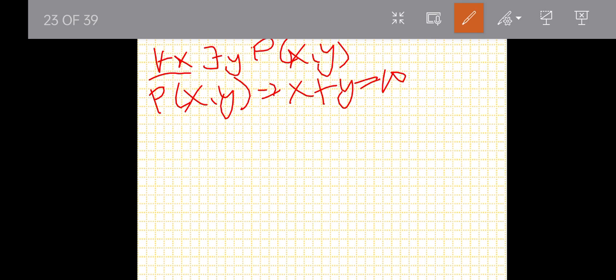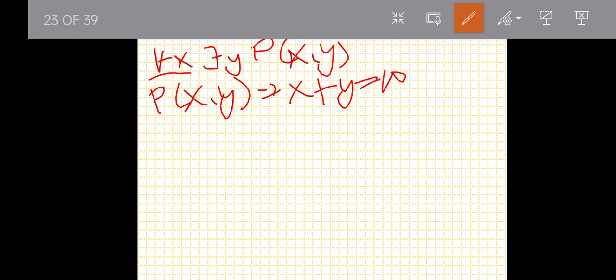So, sabi dito, ayan, you can choose any real number x. And there is always a real number y for that x, such that x plus y is equal to 10. So, kapag meron ka daw napili na real number x, meron daw always na real number para sa y. Okay? For all x, there exists y.